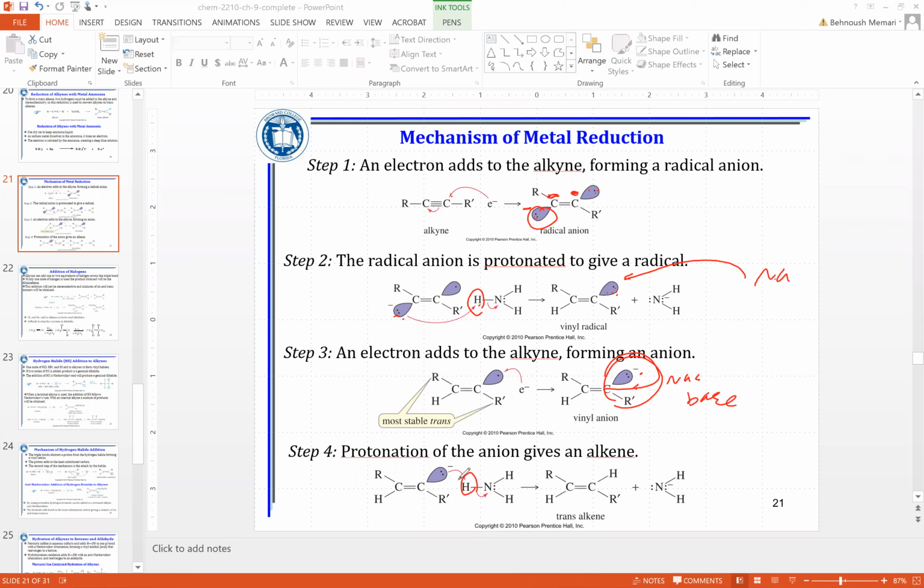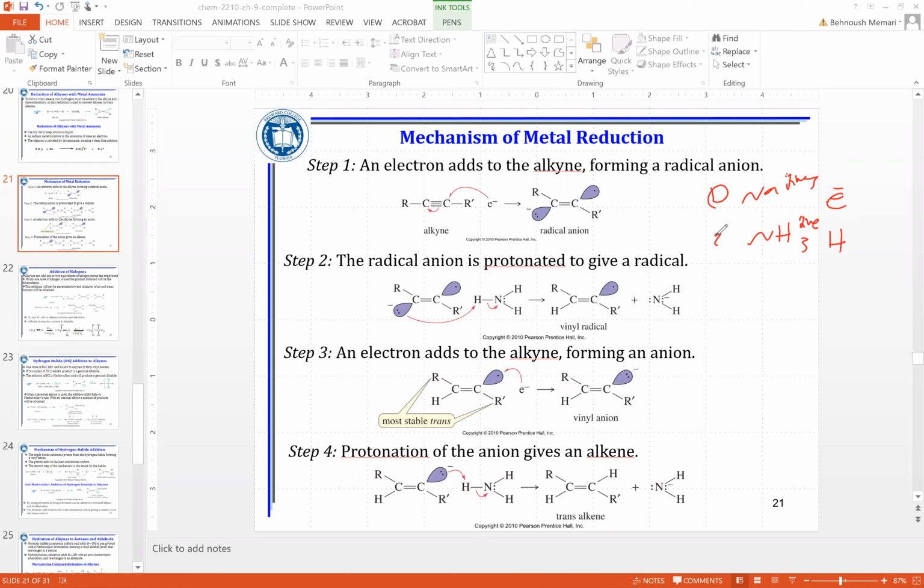If you look at the steps, to remember them easily, you would say you have sodium and you have ammonia. Sodium will provide an electron, and then ammonia will provide hydrogen. So sodium gives electron, ammonia gives hydrogen.